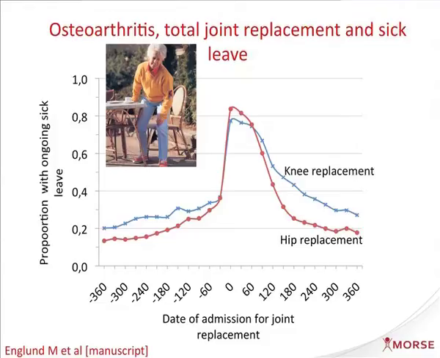The red ones are hip replacement patients, and these are knee OA patients who get their knee replacement. So you see quite a high baseline level of sick leave, slowly climbing, and knee OA patients a little bit worse off than the hip OA patients. These are all in working ages, I forgot to mention that. These are between 18 and 64.